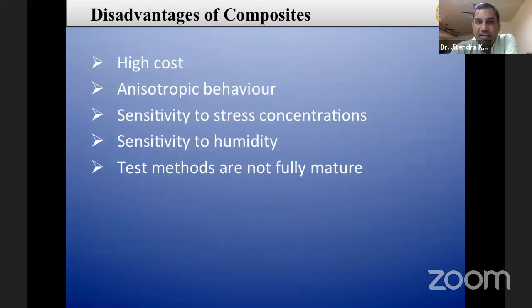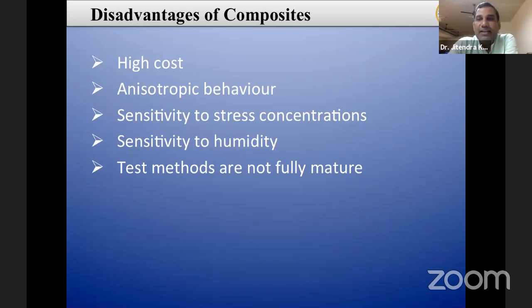But there are also a few disadvantages of composites. It is very high cost when you mix more constituents. Also it has anisotropic behavior, because your properties change with direction. That is why it is heterogeneous in nature, not homogeneous, because each and every slice gives you a different density and a different property.